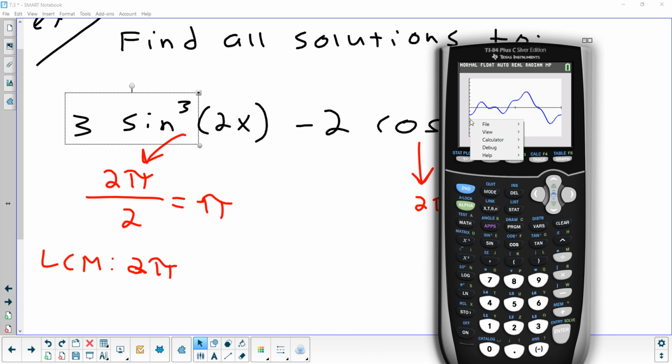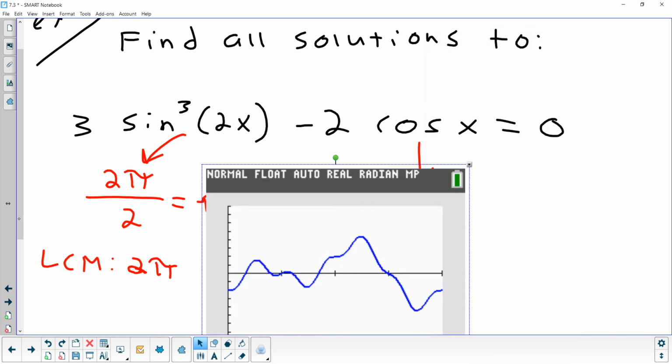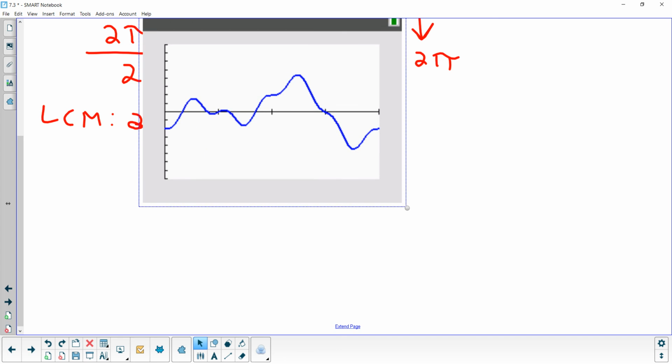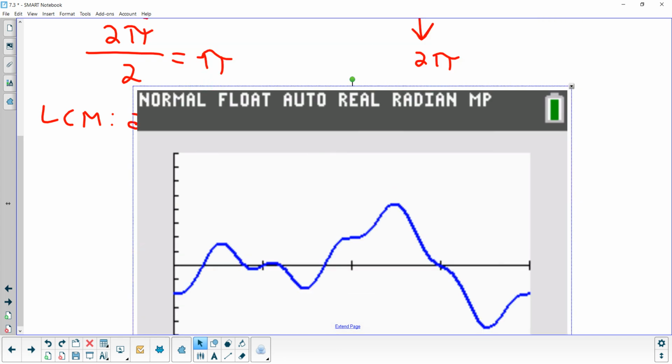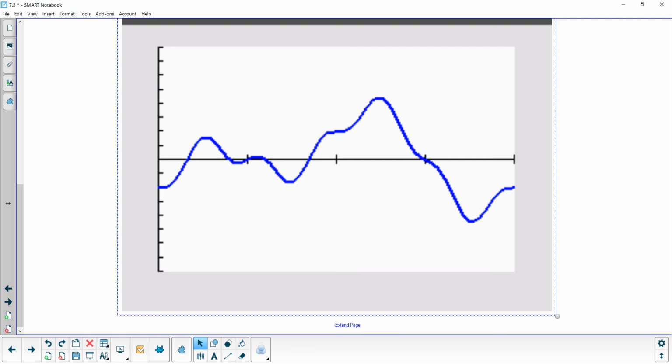That looks good. Now, unfortunately, how many solutions does it look like we get here? 6. Yeah, looks like we're going to get 1, 2, 3, 4, 5, 6. Which is a little bit tedious because we'd have to calculate the zeros all those times. So I happen to have the answer already done.